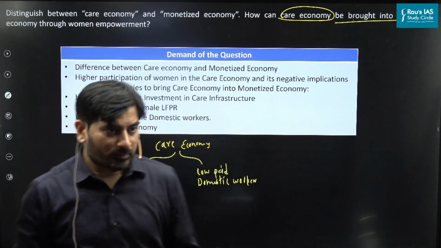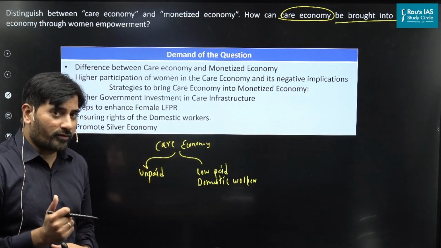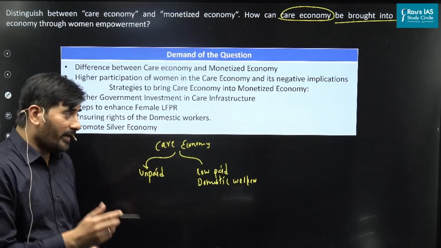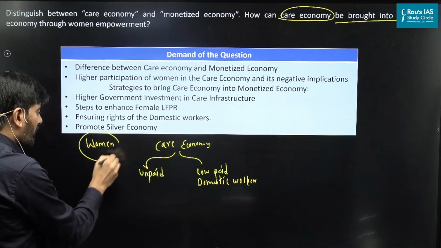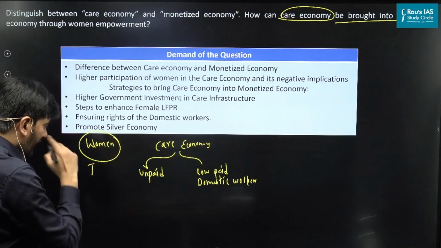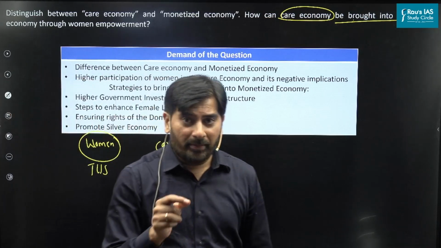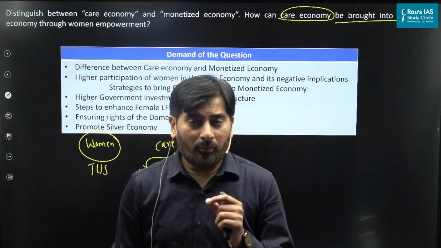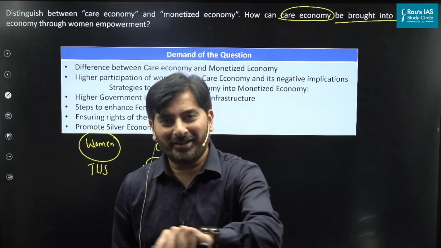Now, when you look at the care economy, it is being said that most of the stakeholders who are part of the care economy in India are actually women. For example, in India, we carry out a survey called the time use survey, which basically highlights what amount of time is spent by men and women in different sets of activities.